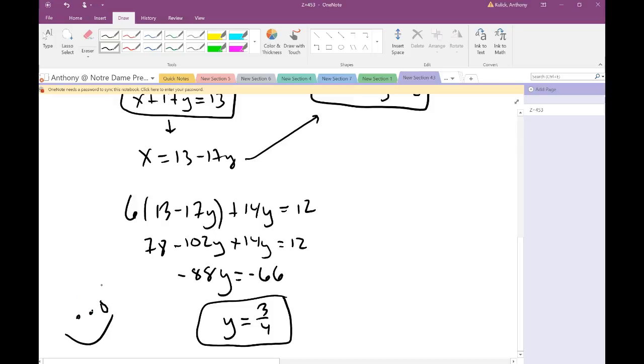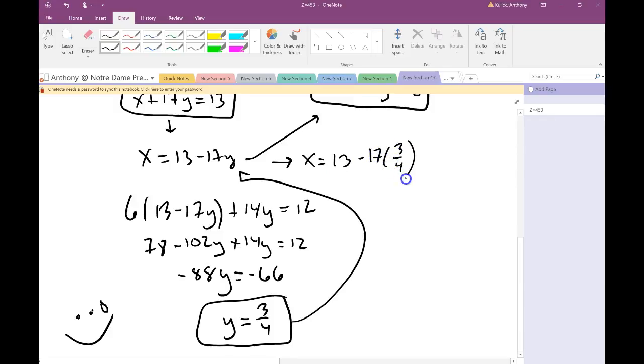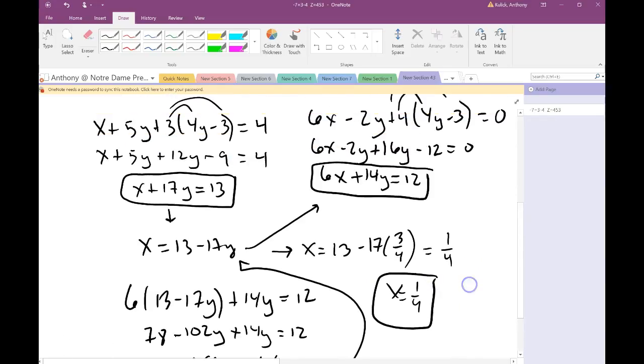Now, what am I going to do with that? I'm going to plug it back into this one to get my value for x. When I do that, I get 1/4. Check on your calculator if you don't believe me, or make your common denominators, but I promise you that's what that gives us.